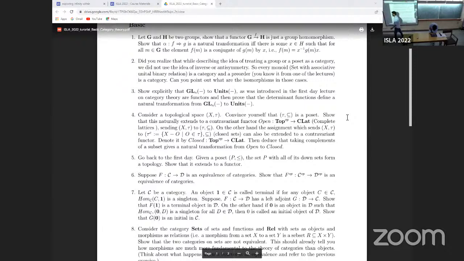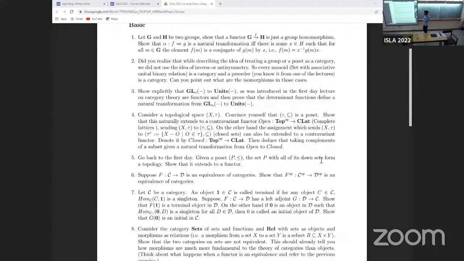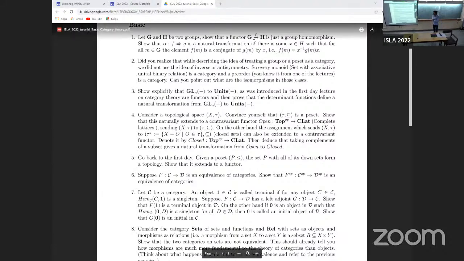How about the first question now? You have just seen the definition of a natural transformation, and you have also seen how you can visualize groups as a single object category. Now I want to show you that in fact, this has been shown that group homomorphism is just a functor.